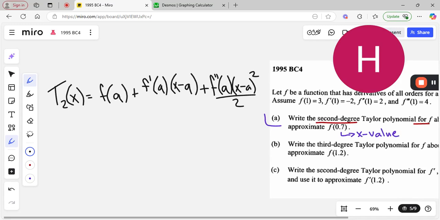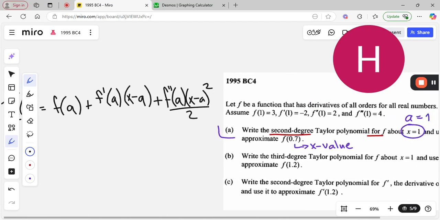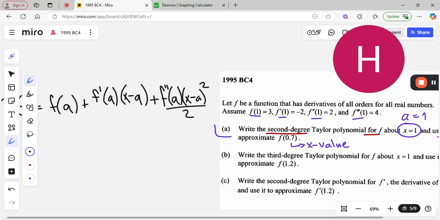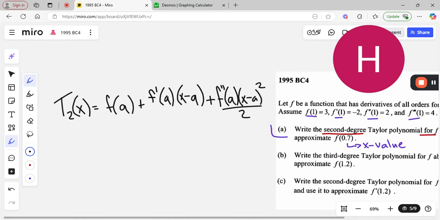Okay, so we just have to use the information they gave us, the assumptions that we're allowed to use here. It tells us a lot of the information about the derivatives at x equals 1.